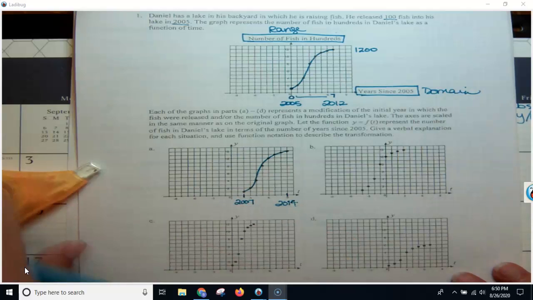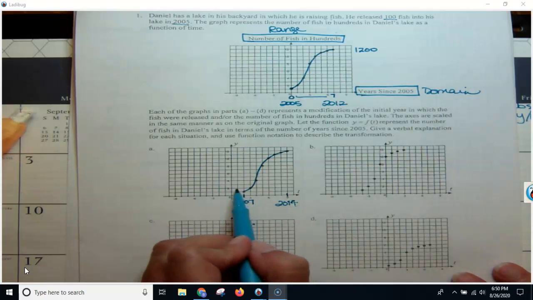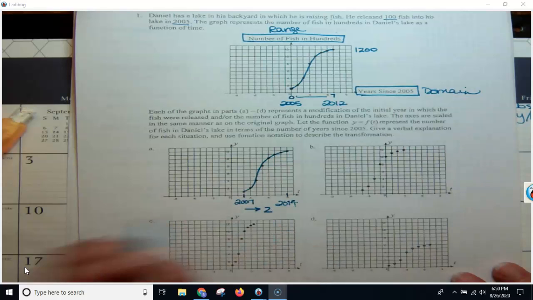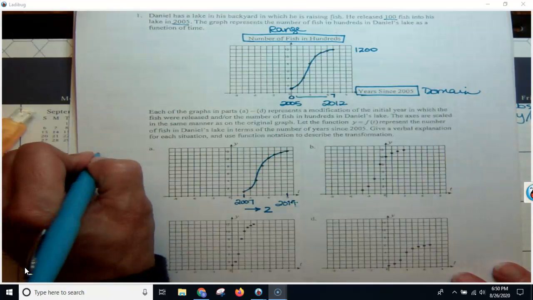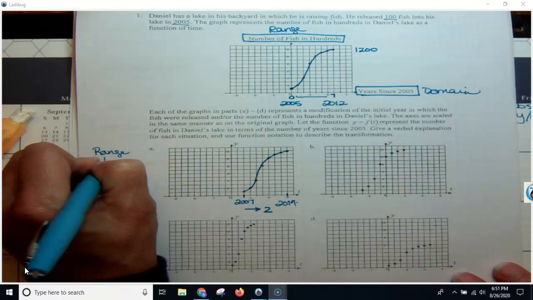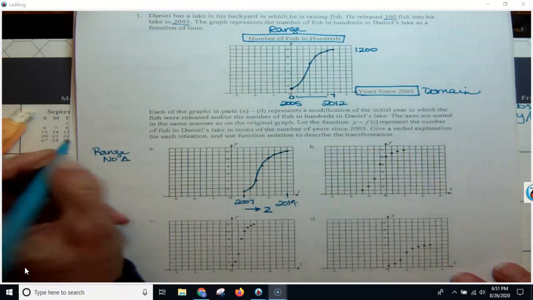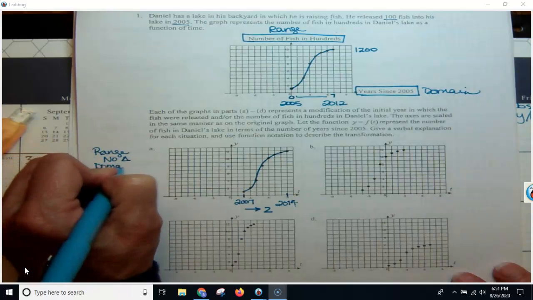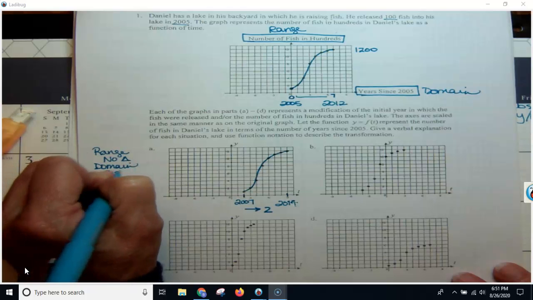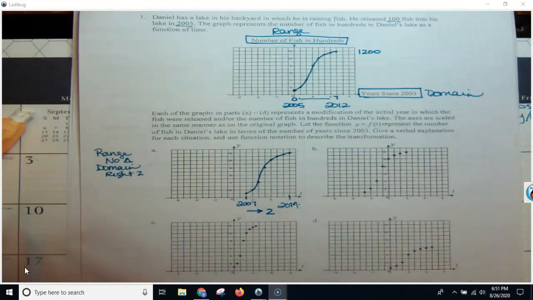So what's happened? This has shifted over by 2. It's shifted to the right by 2. So the range has not changed. The domain has changed by going to the right by 2. So how do we reflect that in an equation?